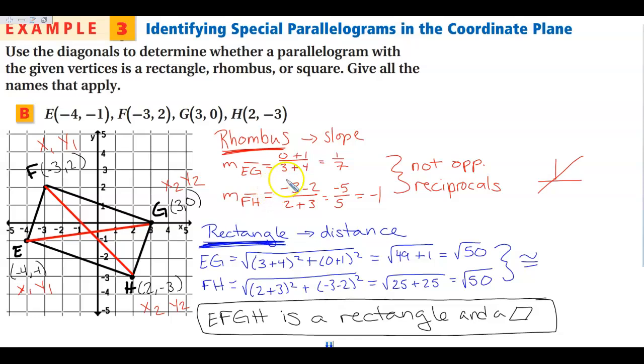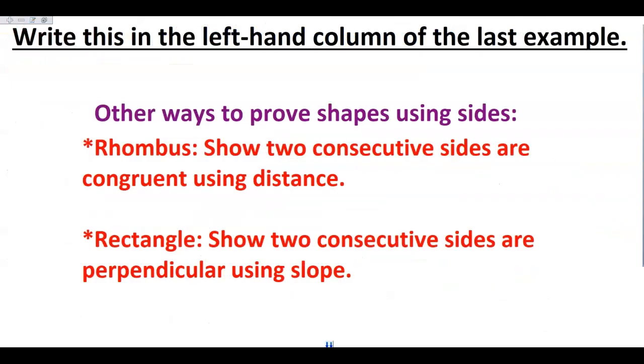All right, so now what I want you to do is in that left-hand column of that example we were just working on, underneath it says, in the directions where it says give all the other names that apply, I want you to write this information in there. So if I want to use sides, because what we did with the rhombus and the rectangle in the example was use the diagonals, because in the directions, it actually says use the diagonals.